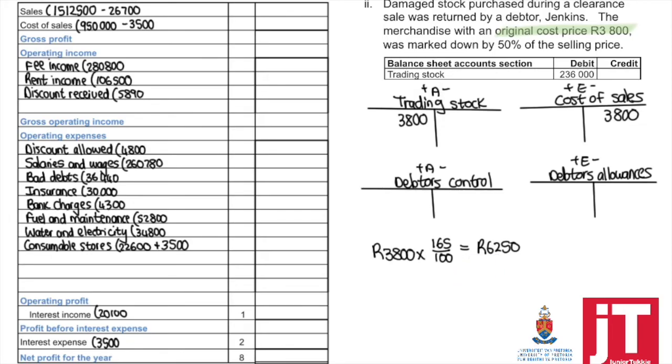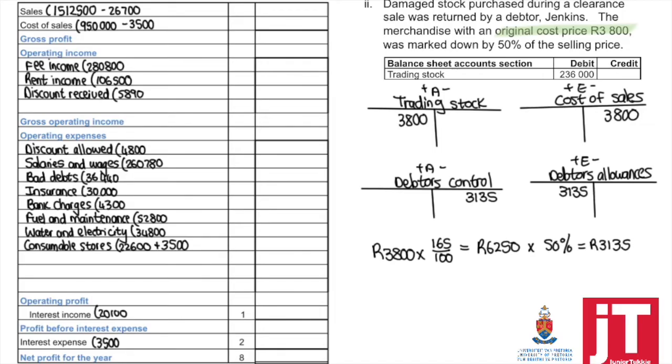Now the selling price was marked down by 50%, which means that we sold it for 3,335. And yes, that is below the cost. So this is an example. That's why the adjustment said it was a clearance sale. We wanted to get rid of the old stock, so we sold it for less, and we even sold it for less than what it cost us.